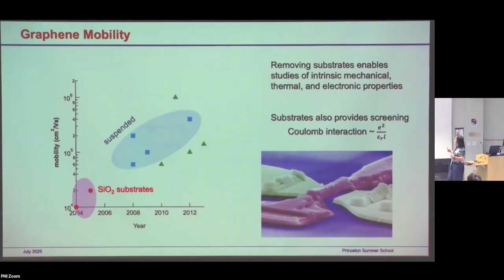So let's remove the substrate. Then you can study the intrinsic mechanical, thermal, and electronic properties. But removing the substrate also has another effect, because the substrate turns out to be important: it provides screening. So removing the substrate actually increases screening in the device.